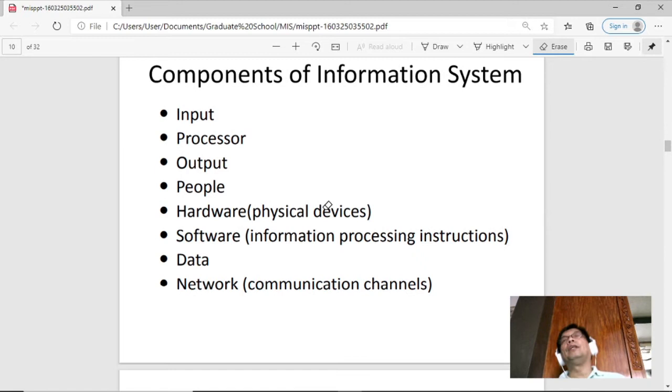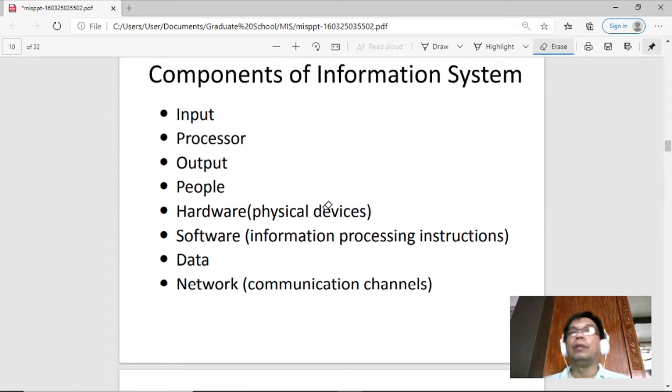So these are the components of an information system. We have the input, so these are maybe the data or the input procedures. The processor, this is the brain of the computer. Output, these are the output itself.